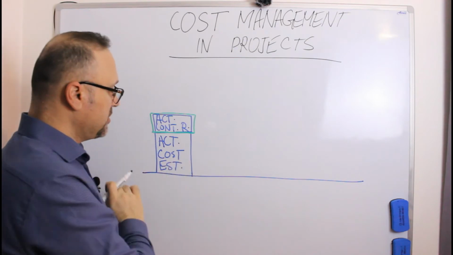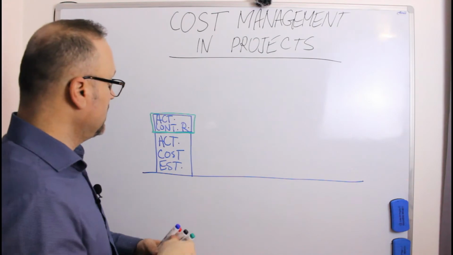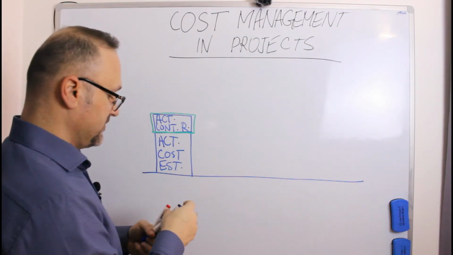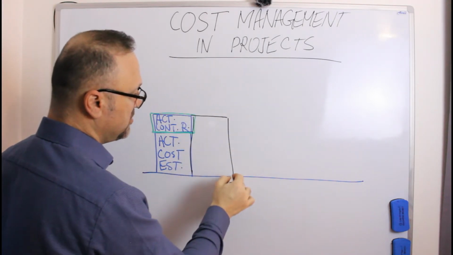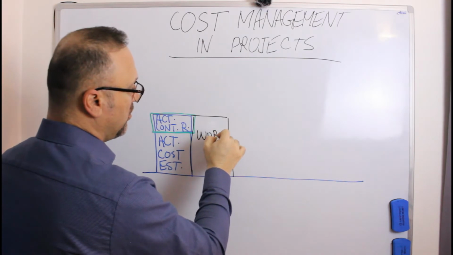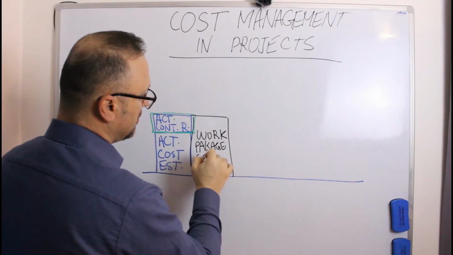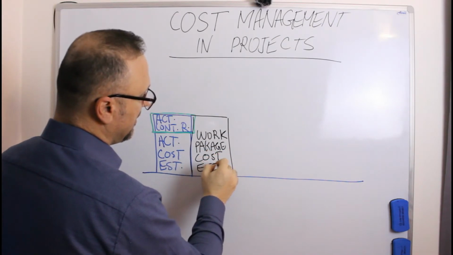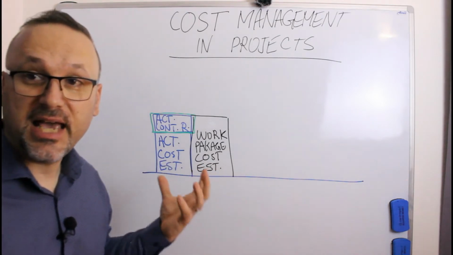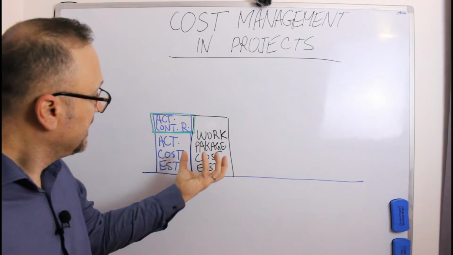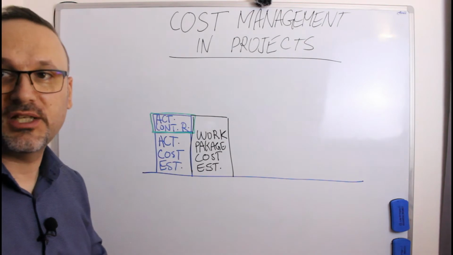So I have now the cost activity estimation and the activity cost contingency reserve. Both altogether makes me a value called work package cost estimation, because you have activities and the activities are added all together with the contingency reserve to make the work package cost estimation.